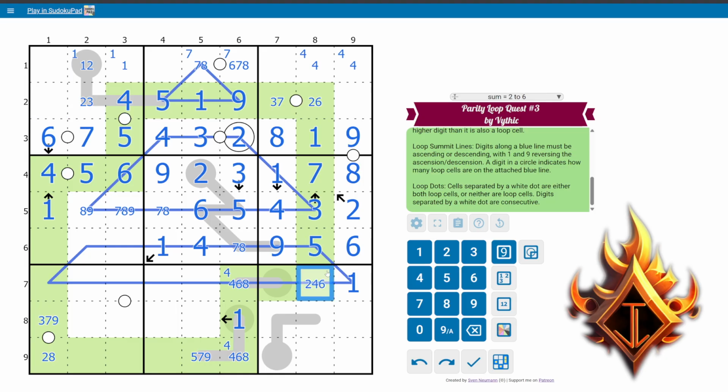If that was 6, that would have to be 7. That would have to be 8. That would have to be 9. 9 is in this column.